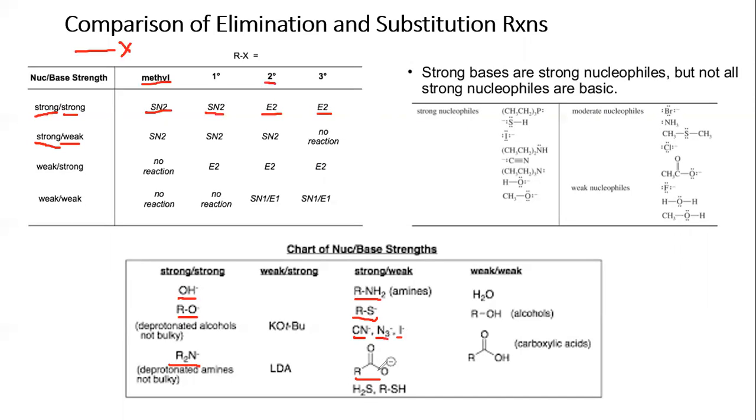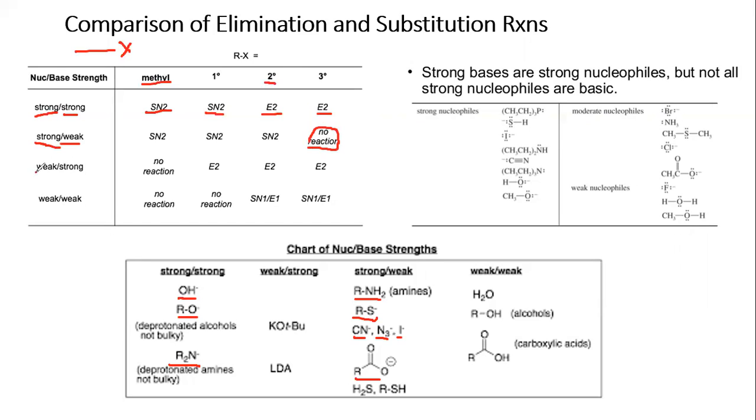These are examples of strong nucleophiles but weak bases, and they will only generate an SN2 product. That goes for methyl, first degree, and secondary alkyl halides, but not tertiary. With a strong nucleophile and a weak base, you cannot undergo a substitution reaction with a third degree alkyl halide.